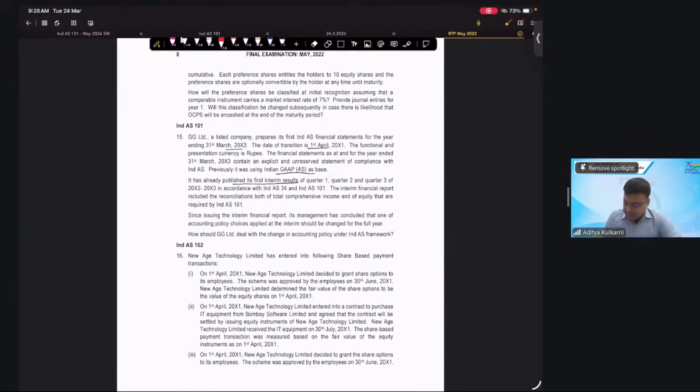Now, what have they done? It has already published its first interim results. One of the accounting policy choices applied should be changed for the full year. Now, what should they give then? If they have decided to make it for the full year, then an explanation of the change in policy should be given that it has been made in the interim financial report.